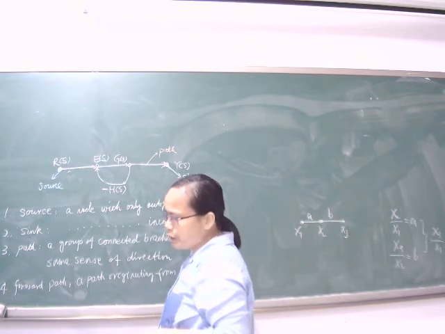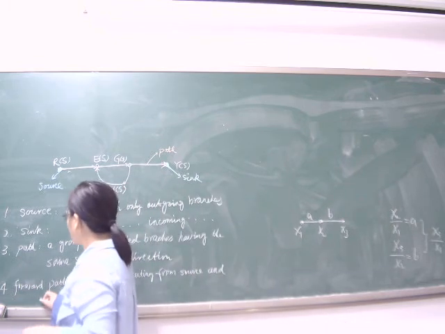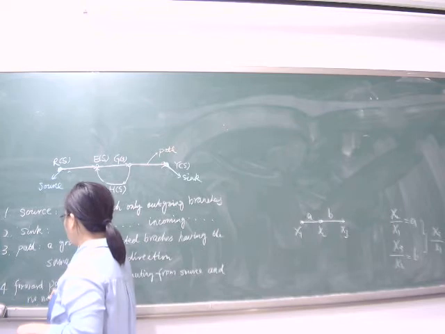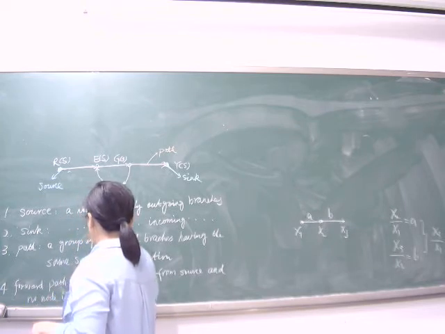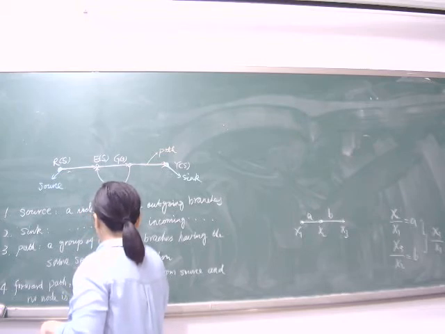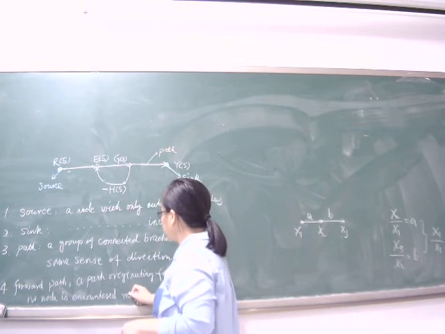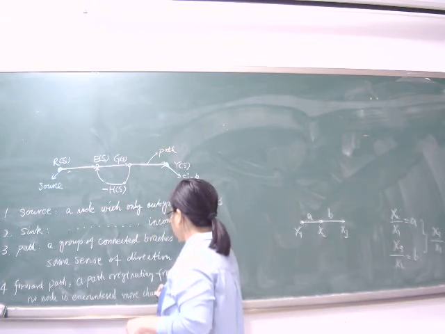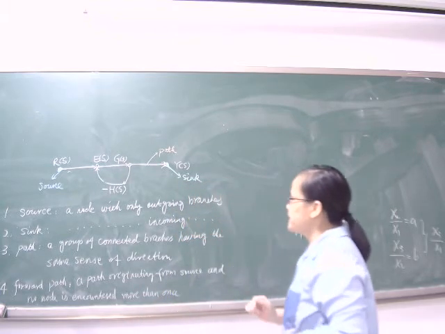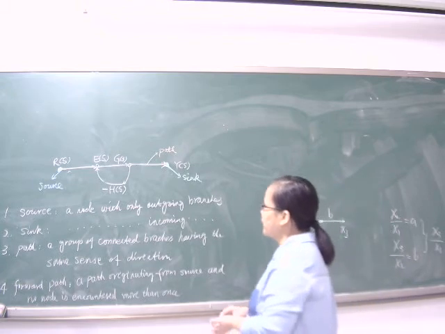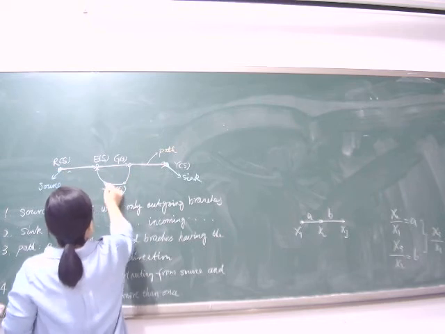And then no node is encountered more than once. This is the forward path.